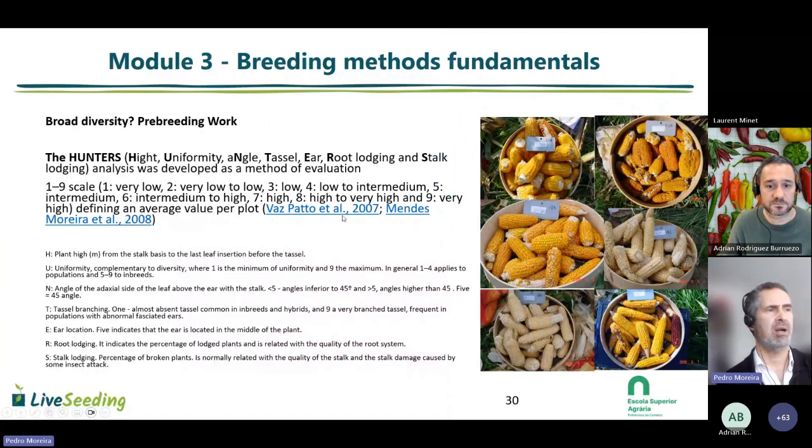I mentioned already in the previous session the way that we could use some methods for selection. For instance, if you have a lot of material, you can do a very fast selection using the eye for uniformity, angle, tassel, ear, and root lodging, as well as stalk lodging.